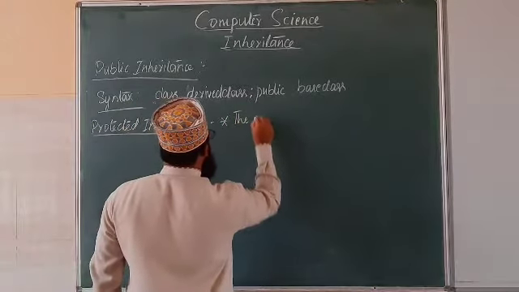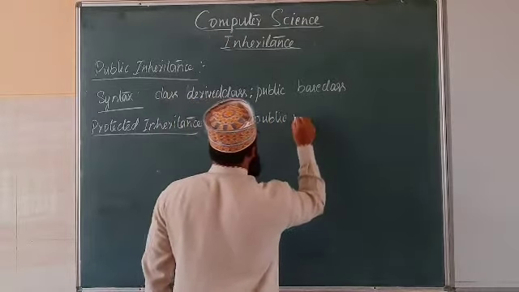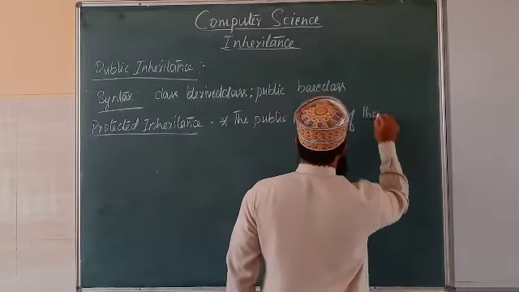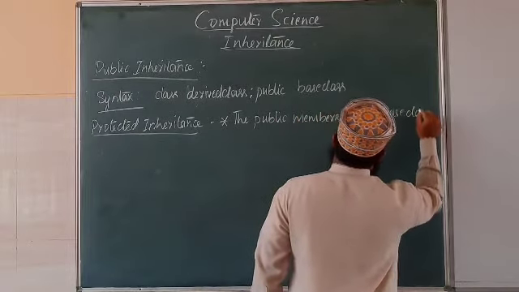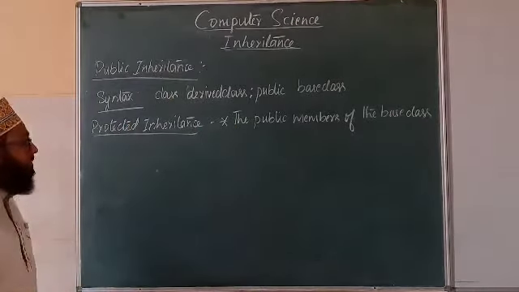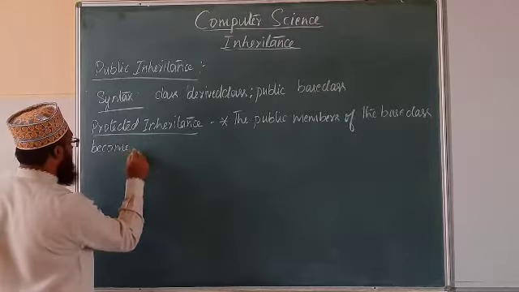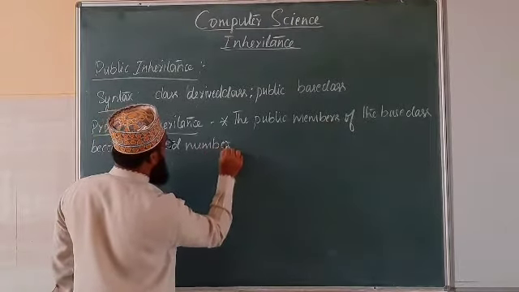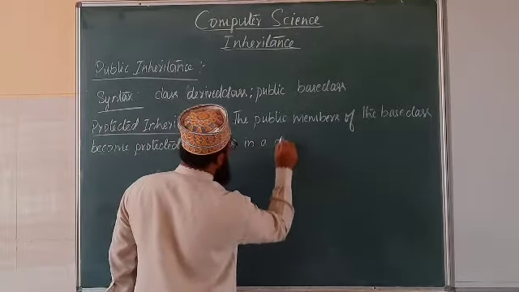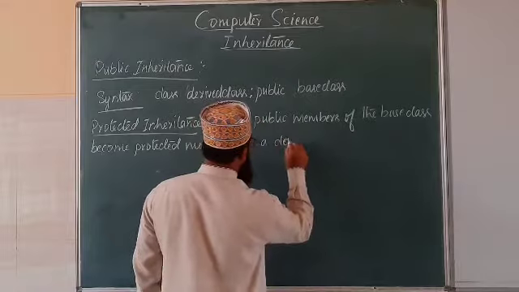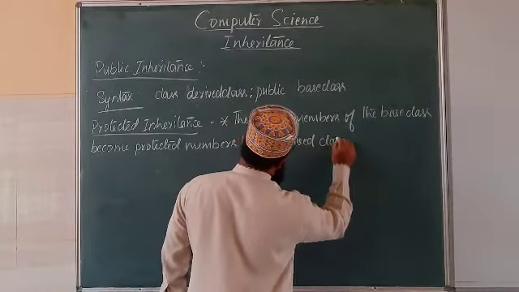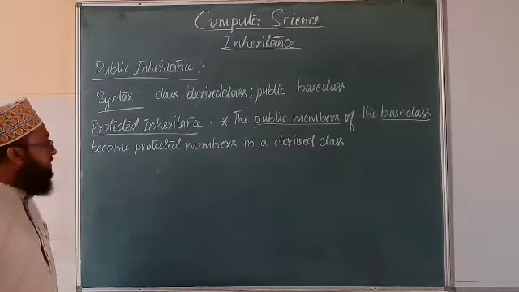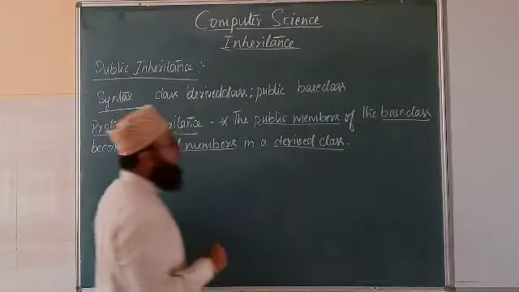First point, the public members of the base class become protected members in a derived class. Here the public members of the base class will become the protected members in a derived class.